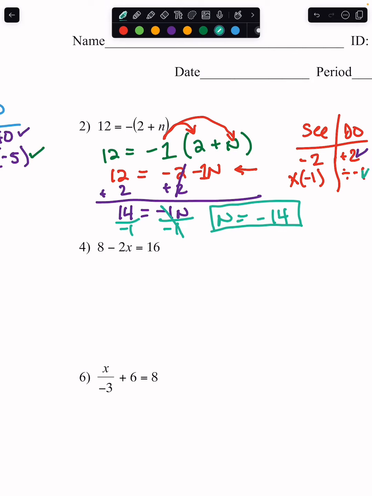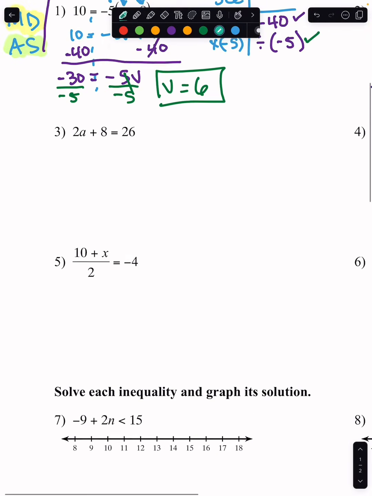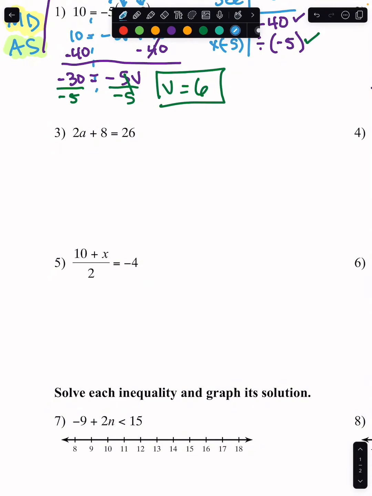Okay, let's do the next one. Let's identify what I see and what I do. There's no parentheses, so I can jump right in. I see 2 times A, so I see a times 2, and I see a plus 8.